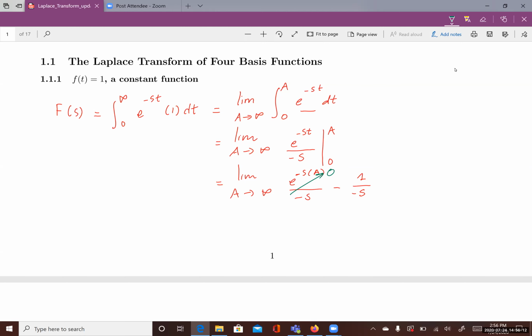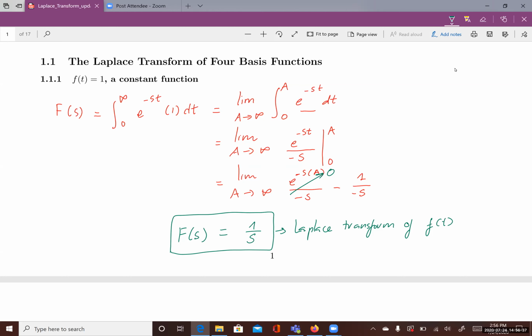What is left over is just negative of 1 over negative s, so this is 1 over s. So big F of s, when f of t equals 1, is 1 over s, using the Laplace transform definition.